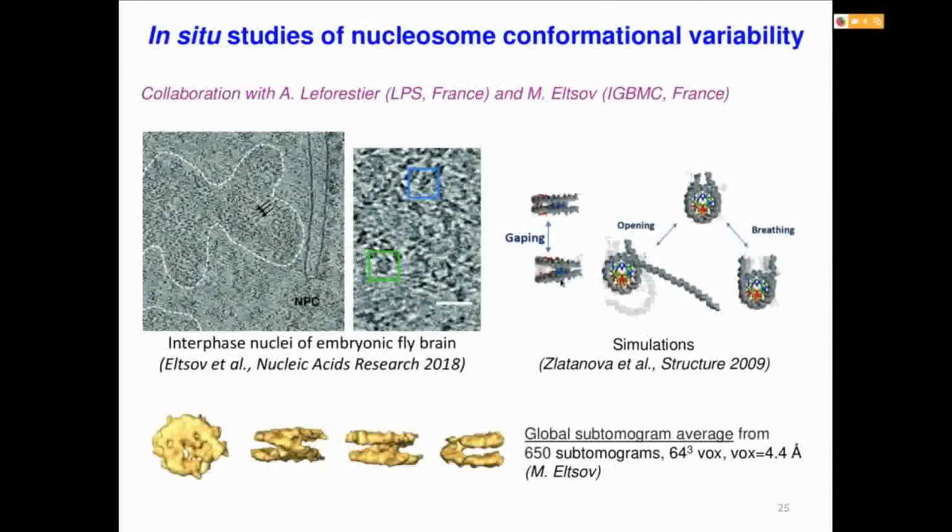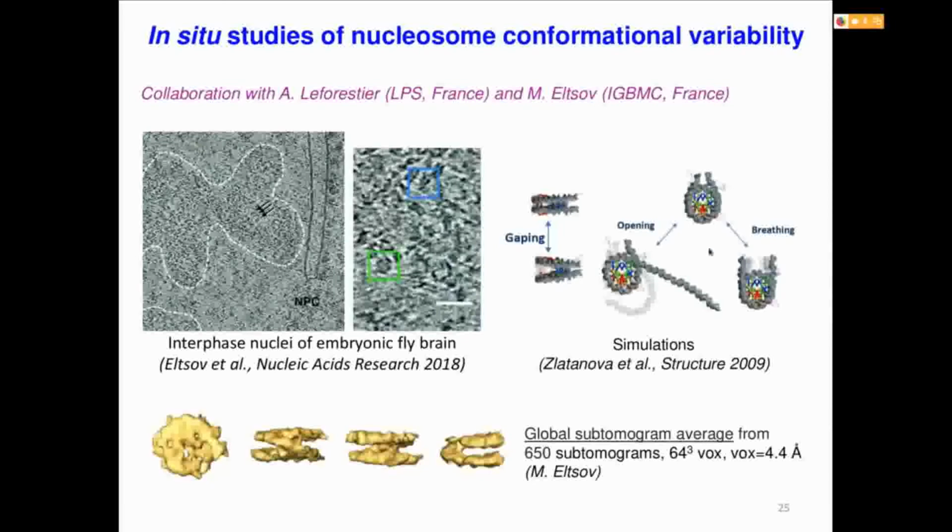Here is an example of how this method works with nucleosome in situ data that we have done in collaboration with Amélie Le Forestier from LPS and Michael Edso from IGBMC in France.